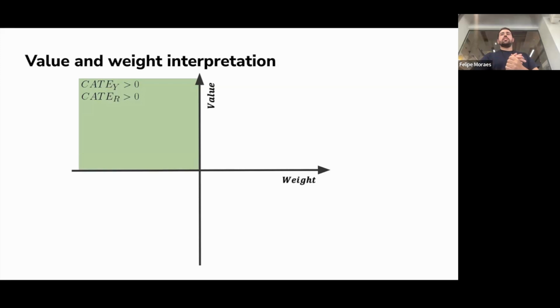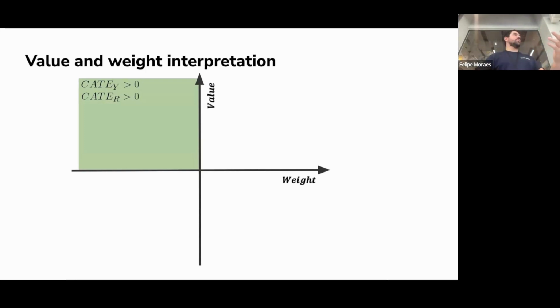In this left side area, you always have positive conversion and always positive profits and revenue. In that case, it never makes sense to not give this treatment, this discount, because you always make money and more conversions if someone ends up in this area with the treatment.